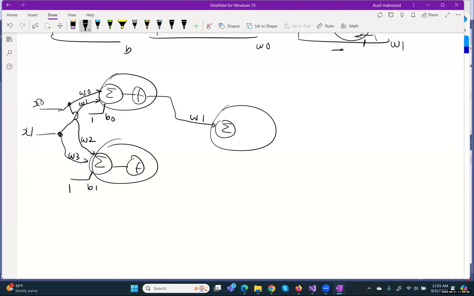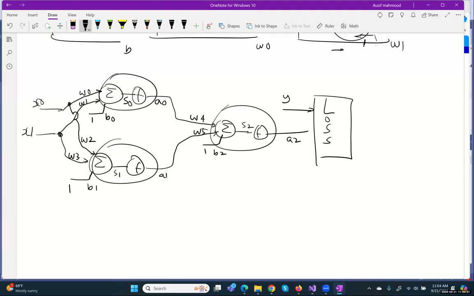Let me call these S0, A0, S1, A1, S2, A2. Suppose this is our target Y, which is given to us. This is our loss, L, and let's assume the same Y minus A squared.